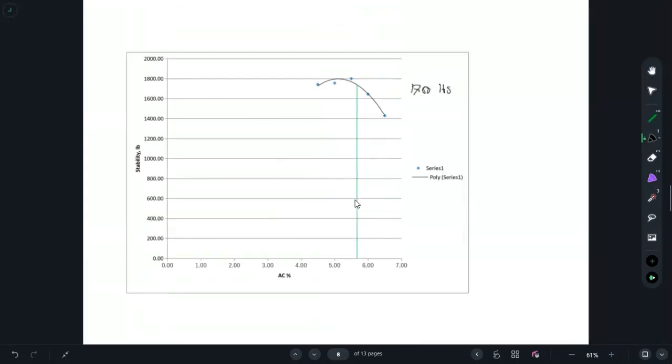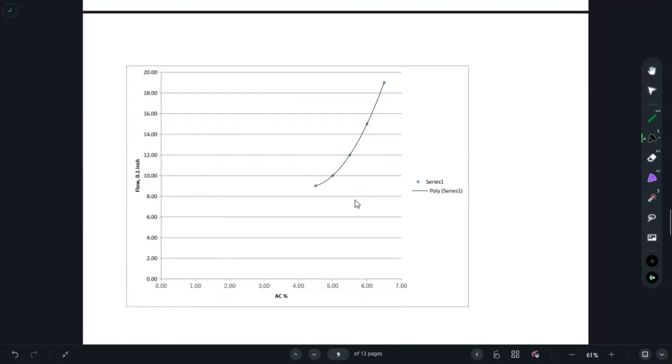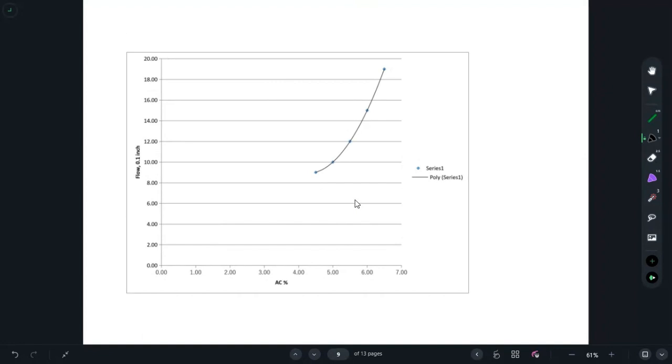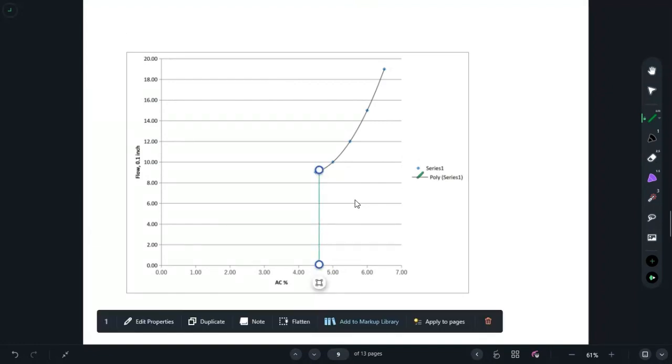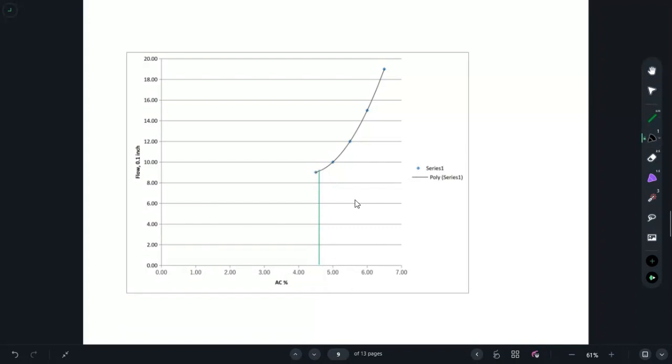It should be more than 1700 actually. It should be around 1750 or even 1725. Well, another criteria is flow value. We'll find flow value for 4.65% optimum bitumen content. We are trying to say this. So it's around a 9. Say this is 9.2, maybe 9.2.